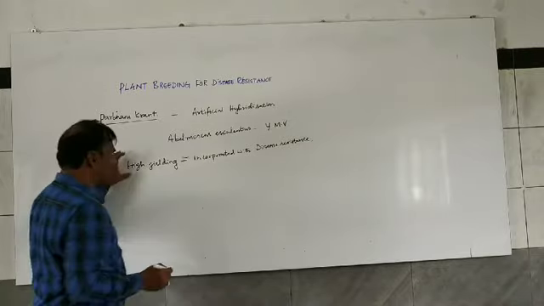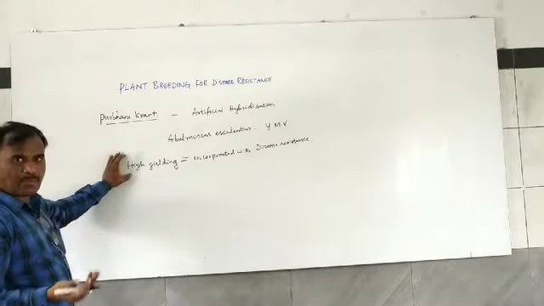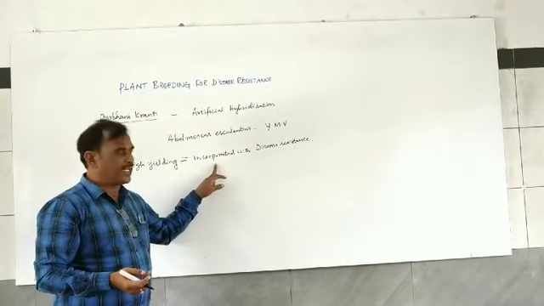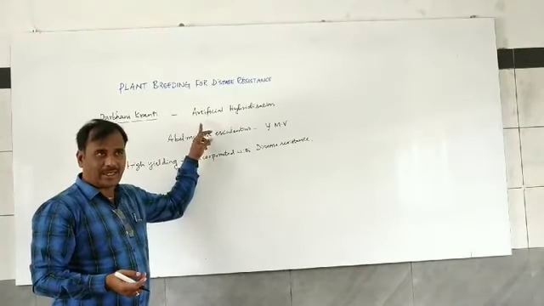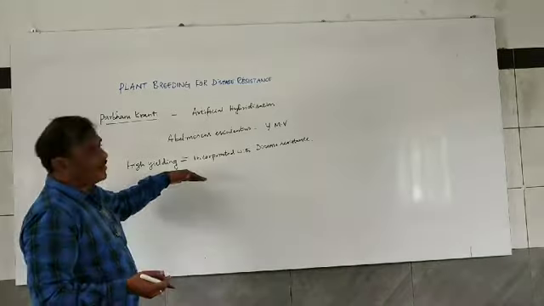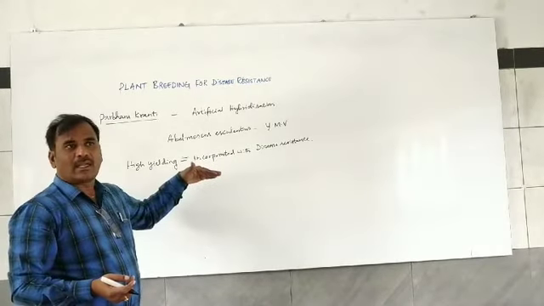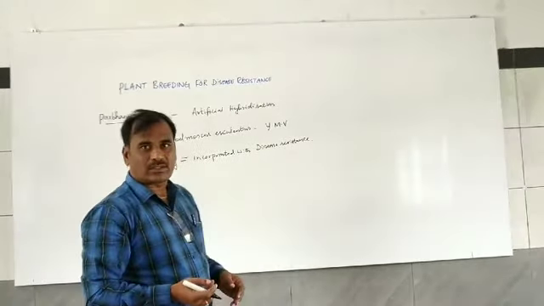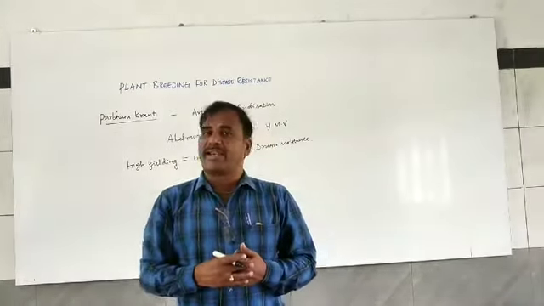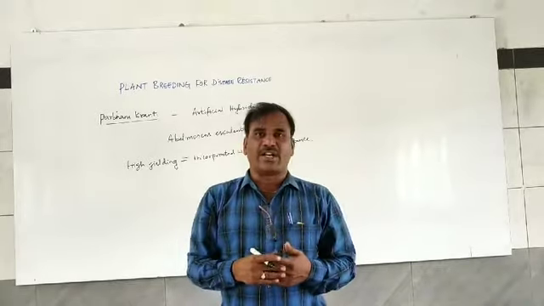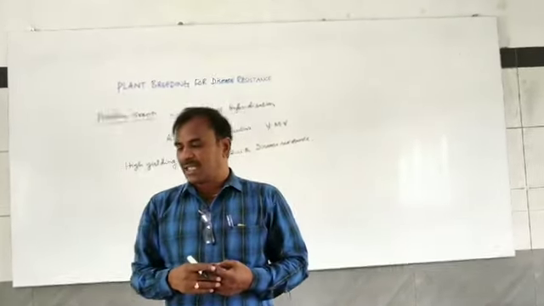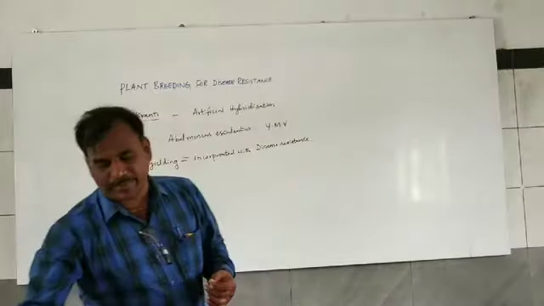So this high-yielding variety of any other plant is crossed with the disease-resistant variety by the hybridization method, and then we can develop new varieties resistant to the disease. In such a way we can develop hybrids in the traditional way. And also one more method is there, that is mutation breeding.